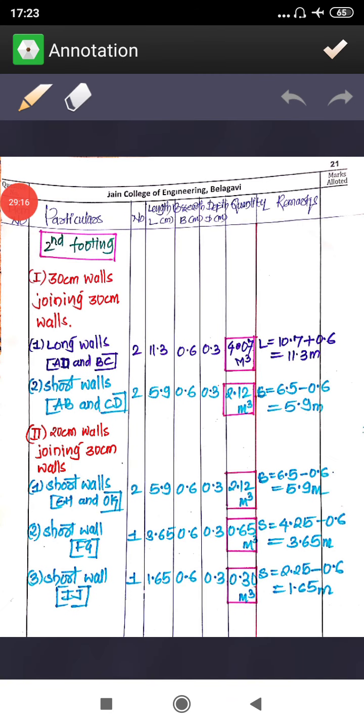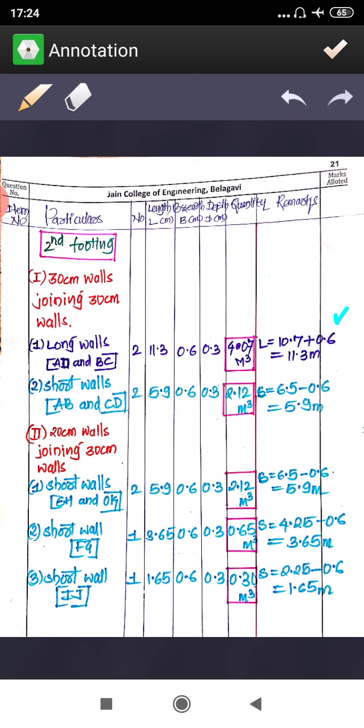Similarly, for the second footing, with width of 0.6, you take center to center for the longer wall, plus you add one full width, so it is 11.3, and for the short wall you deduct one full width, that is 6.5 minus 0.6, which is 5.9. I did the same for the remaining 20 centimeter wall joining 30 centimeter and 20 centimeter joining 20 centimeter.